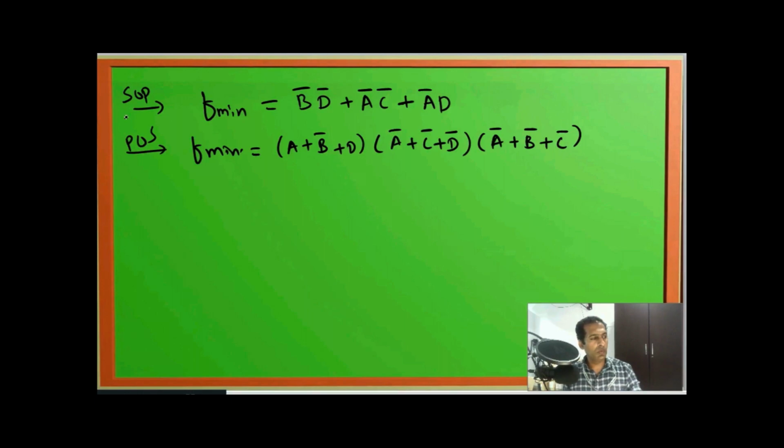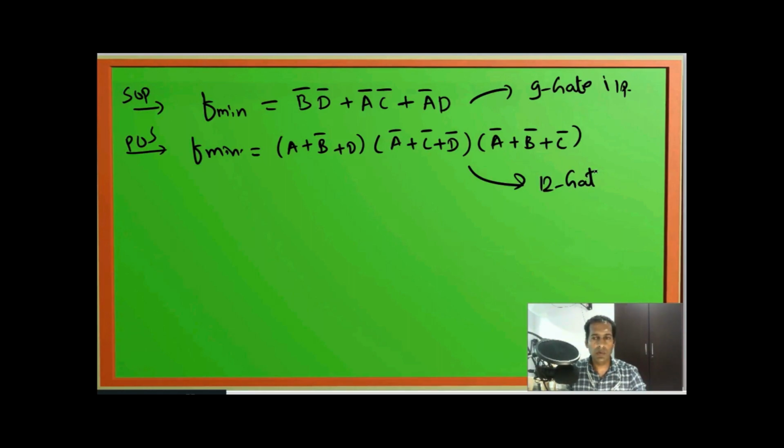Now out of these two, which one is useful? Now if we see SOP, we require say total 9 gate inputs here. Now if we see this one, how many we require? 3, 6, 9, 10, 11, 12. Here we require 12 gate inputs.